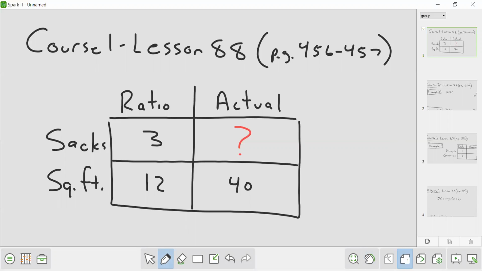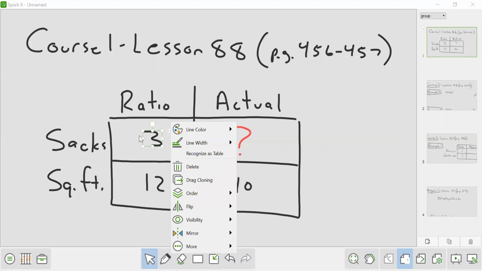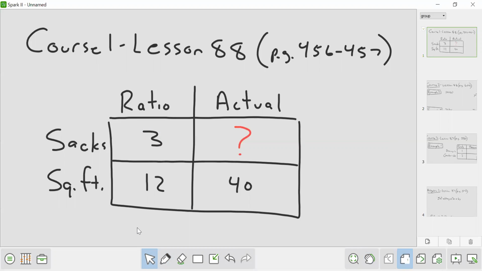We've got our 3 sacks of concrete and our 12 square feet of work. And then it says, how many sacks of concrete are needed to make 40 square feet of sidewalk?